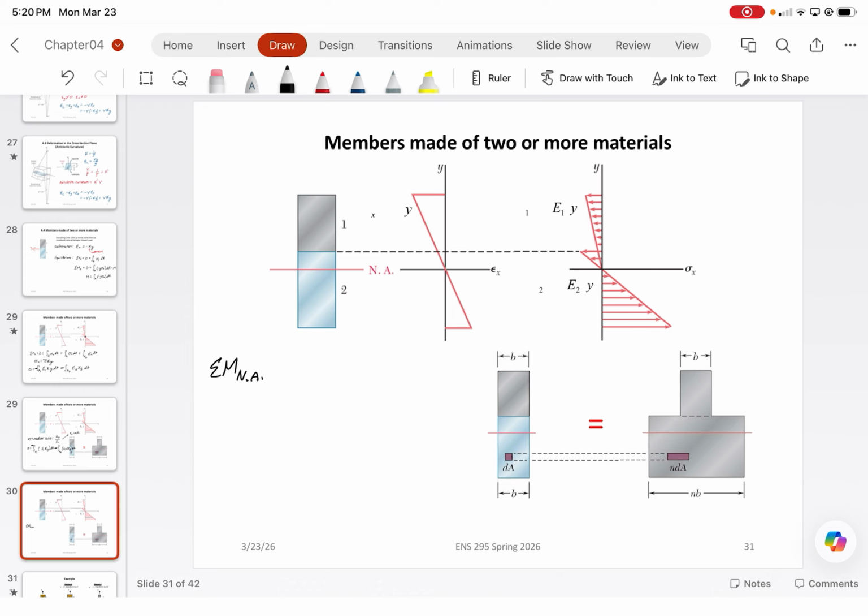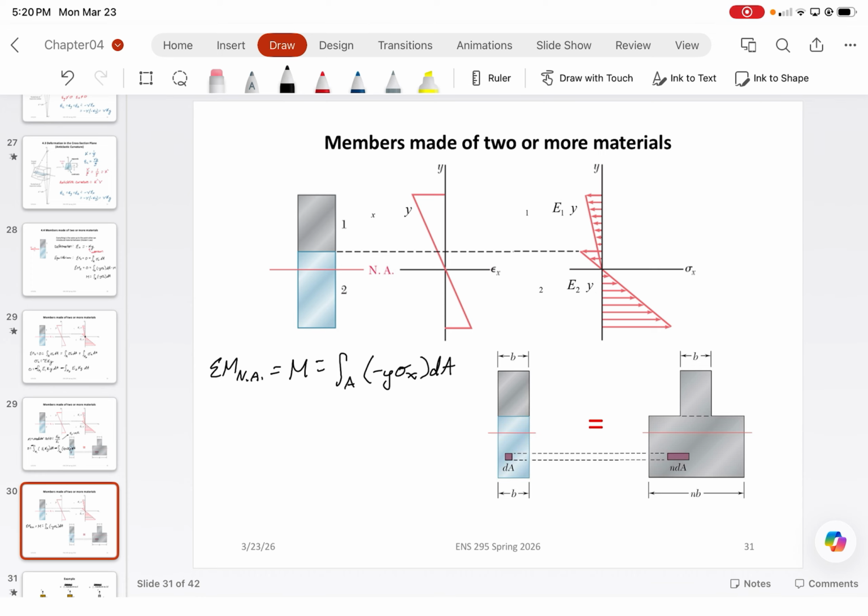So obviously, we're looking at this stress distribution here. And we know that this has to equal whatever the applied bending moment is within the material, which we then expand to negative y sigma x times dA.